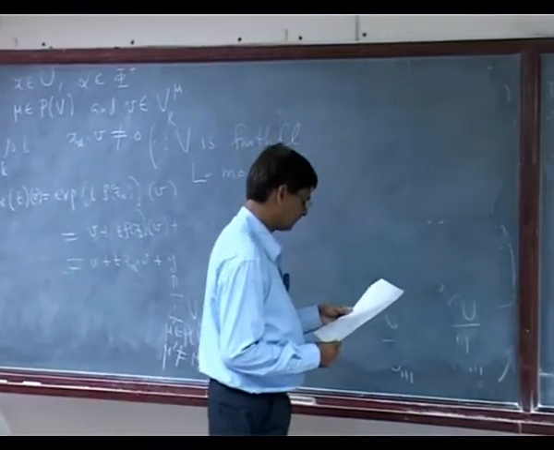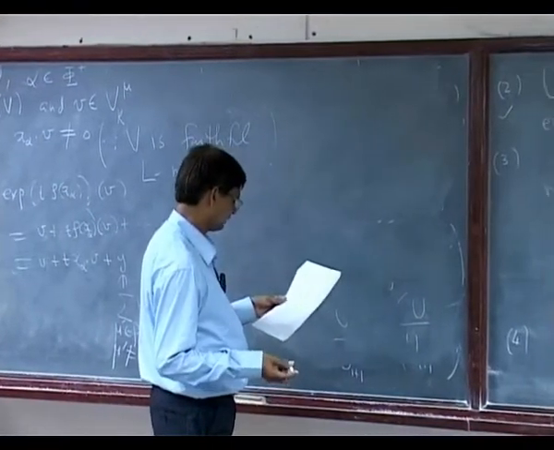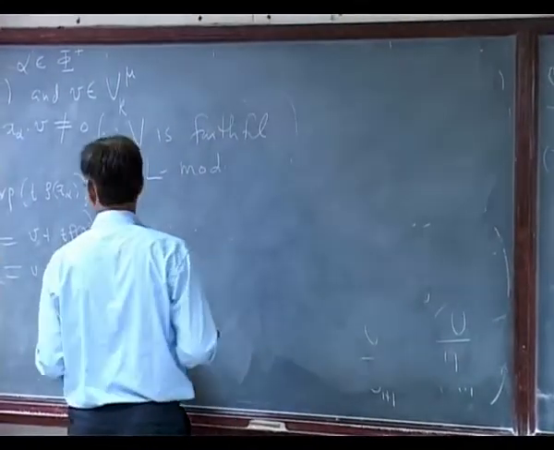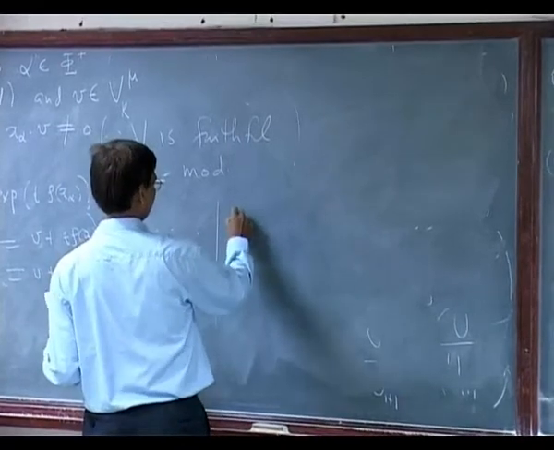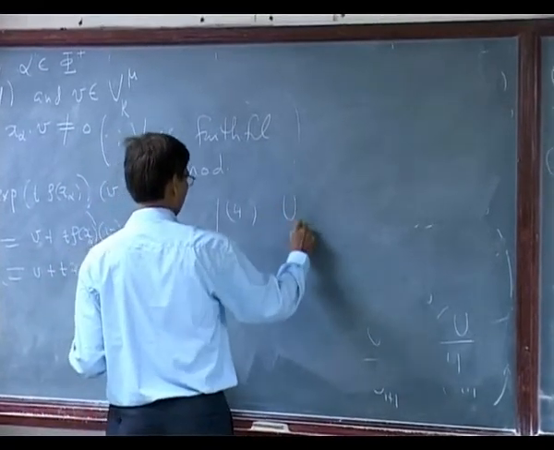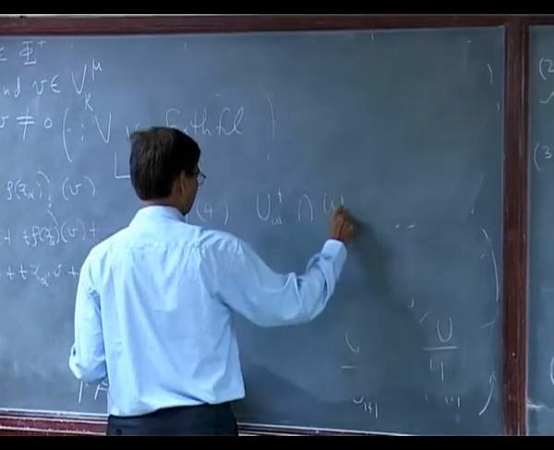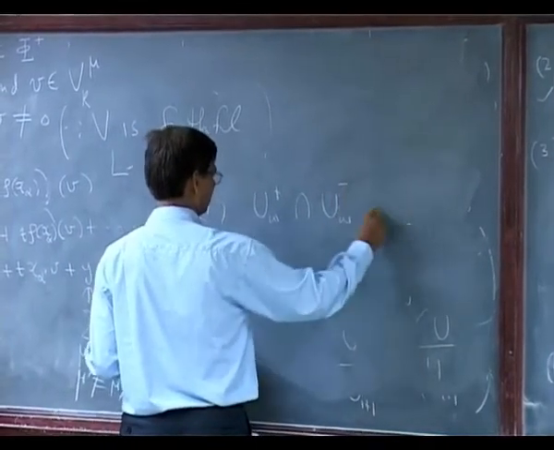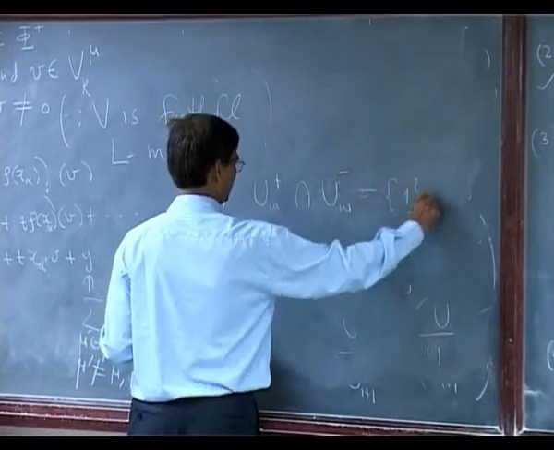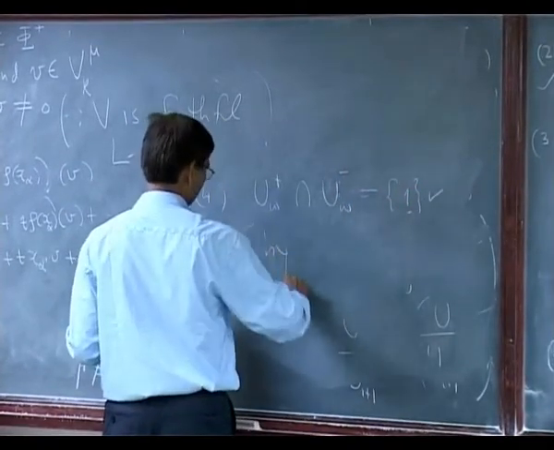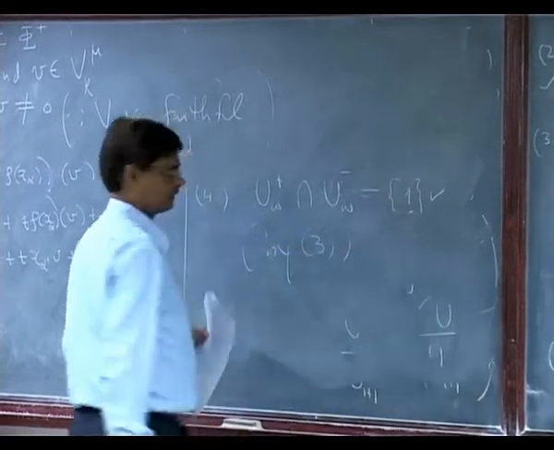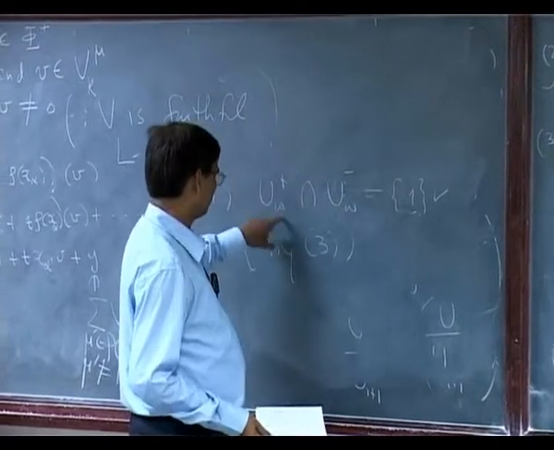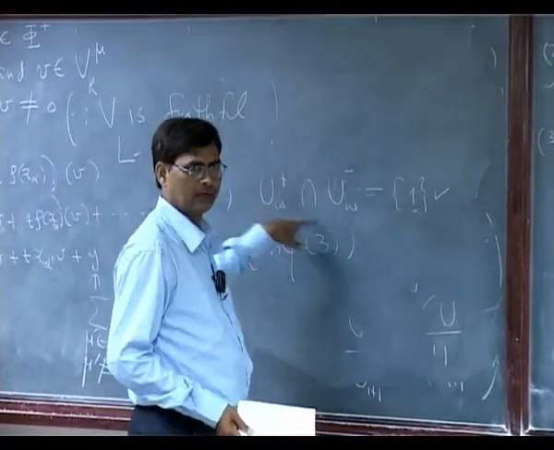Okay. So, I will give an exercise. See, if we take the fourth one, U_w+ intersection U_w-, this is of course trivial, right? This is by 3, because the roots which are appearing here and here are disjoint.